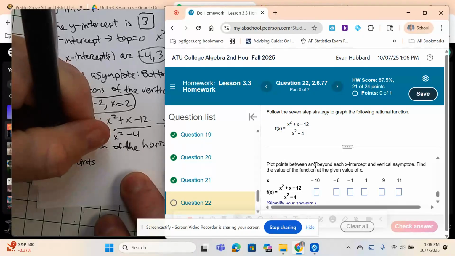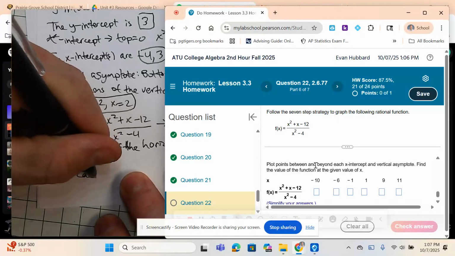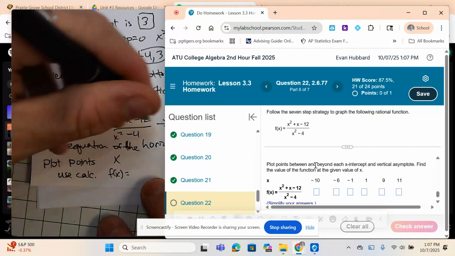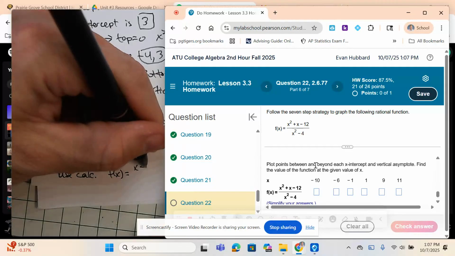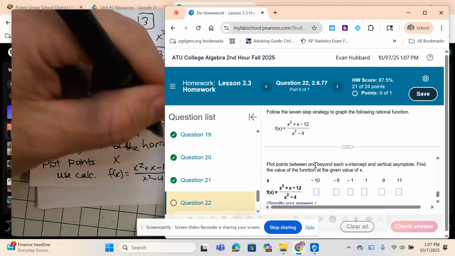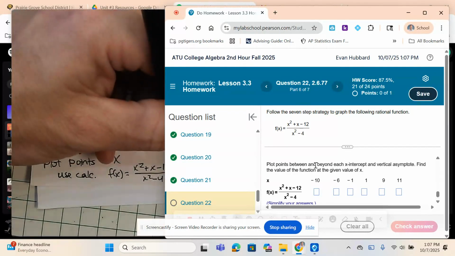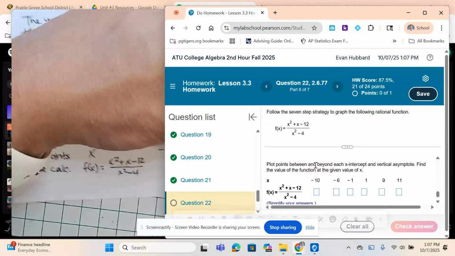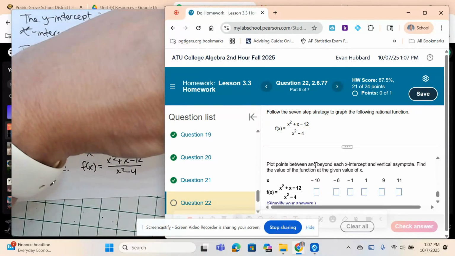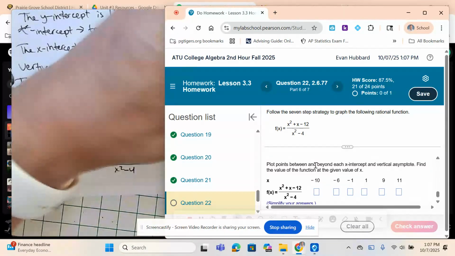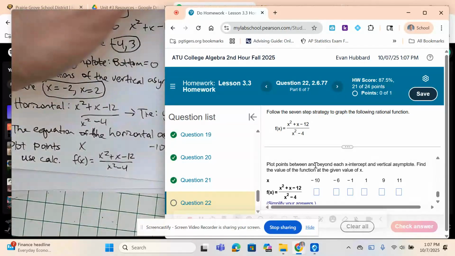I'm going to use the calculator. So you've got x and you've got f of x equals x squared plus x minus 12 divided by x squared minus 4. And so we've got -10, -6, -1, 1, 9, 11. Second graph.